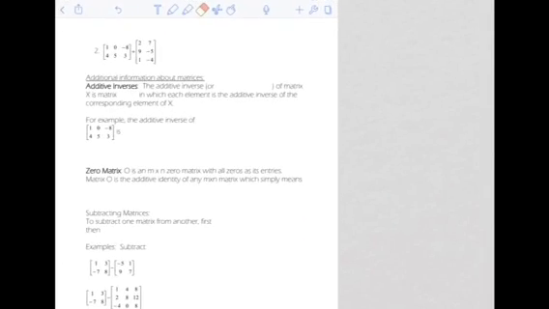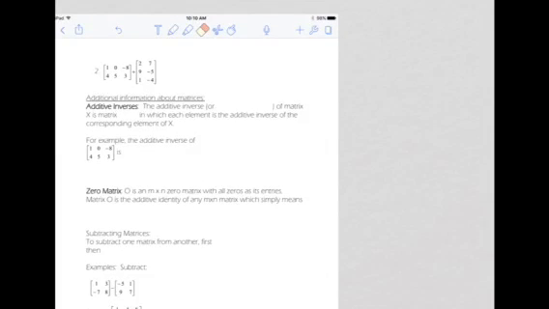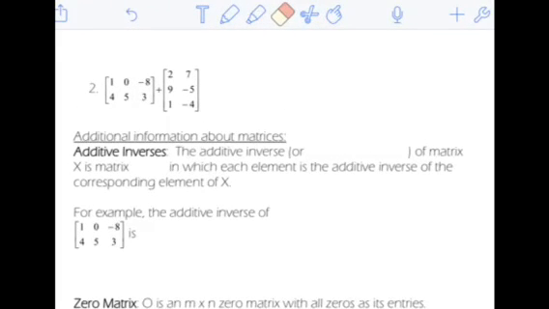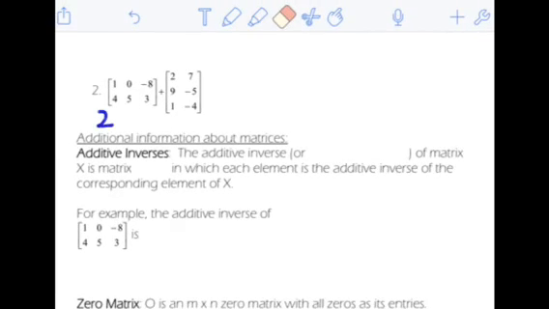Final page of notes. So for this example, what do you think is happening here? Do you remember the first thing I told you that you needed to always check? The first thing you always need to check is if the two matrices are exactly the same size and shape. This first matrix has how many rows and how many columns? This has 2 rows and 3 columns.